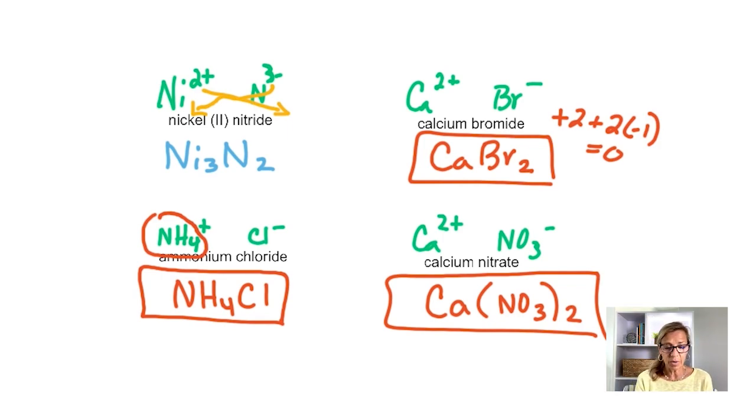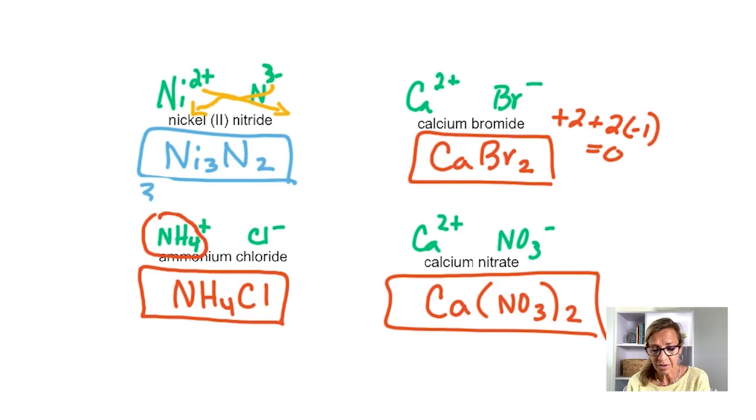So basically what we're doing is a least common multiple. How do you get 2 and 3 to match up? You've got to get to 6, right? So 3 times +2, oops, sorry, 3 times +2 plus 2 times -3 gives you 0.